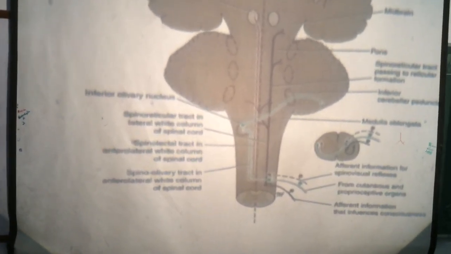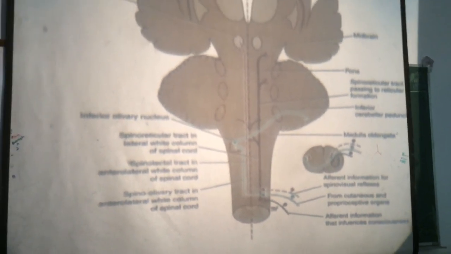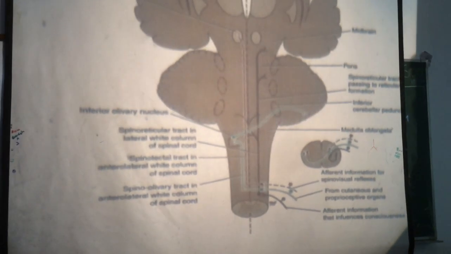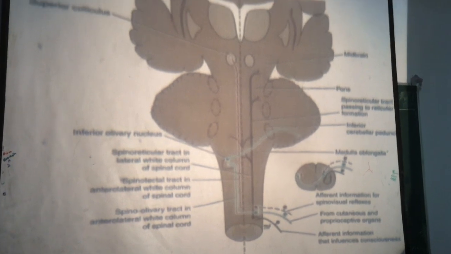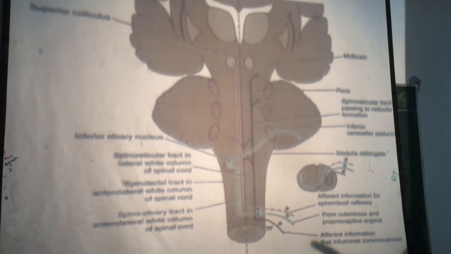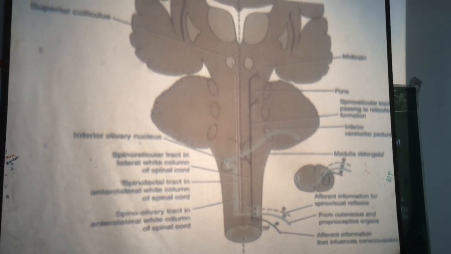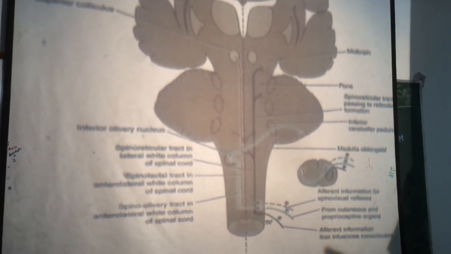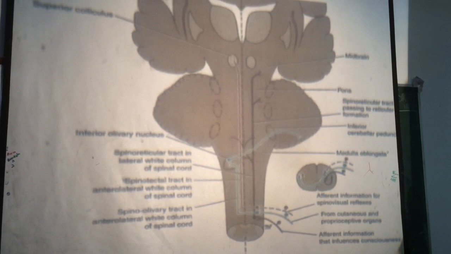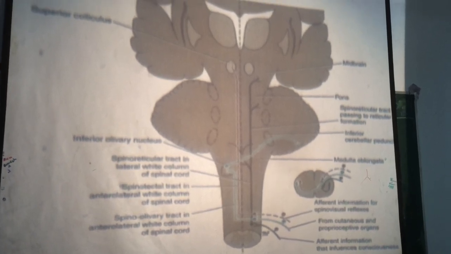So the first of these tracts is the spinotectal tract. First order nerve fibers carrying impulses enter the spinal cord through the posterior nerve root.